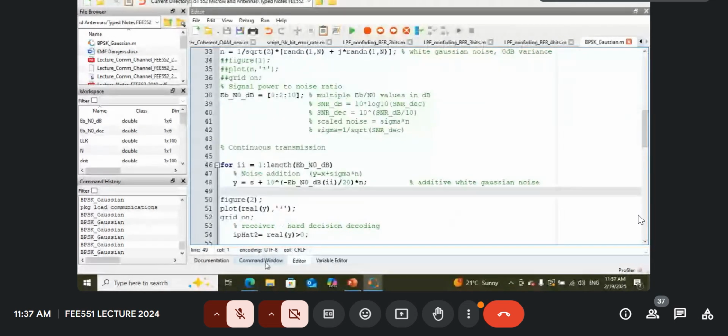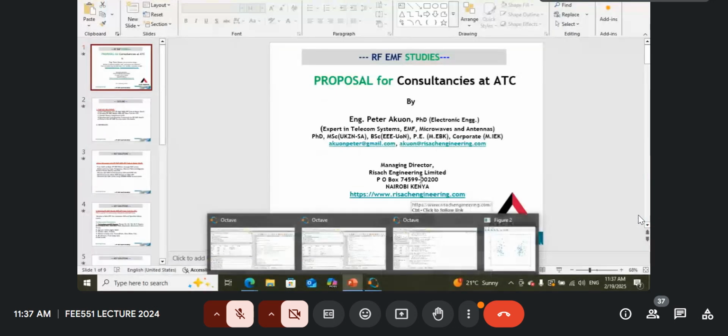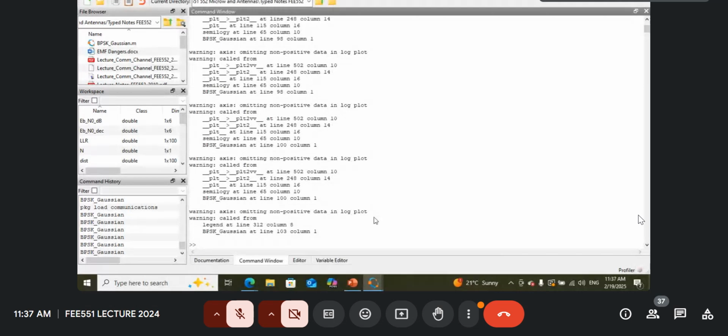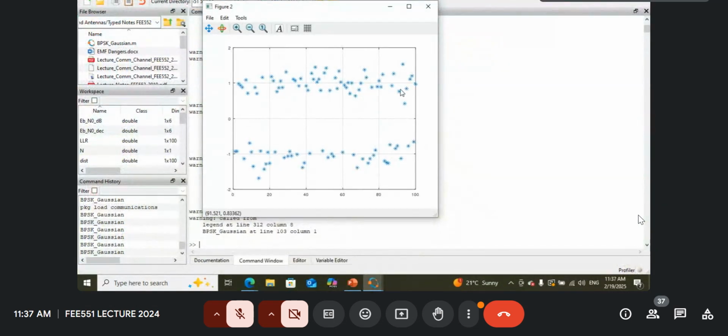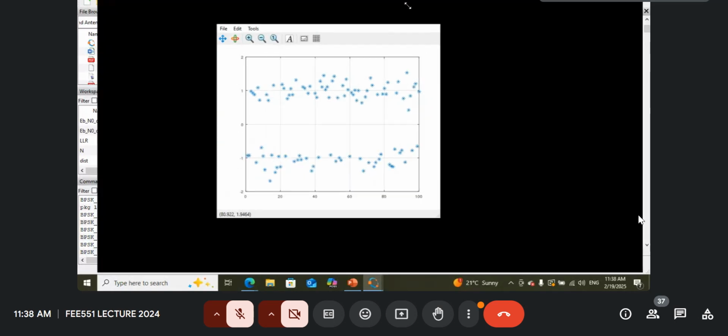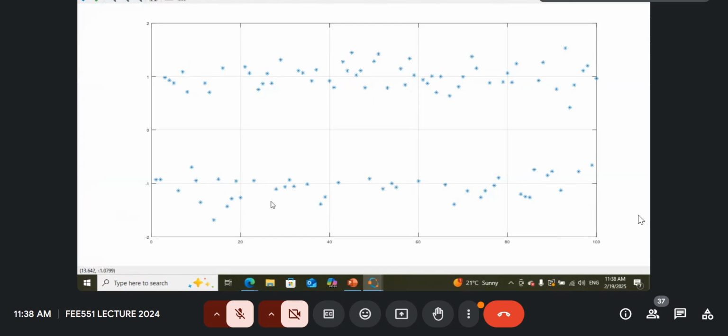Figure 2 is not generating. Okay, so that's figure 2. Some fall on the positive, but you see they're just falling around +1 and -1.